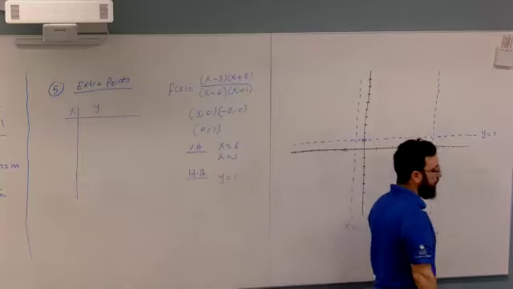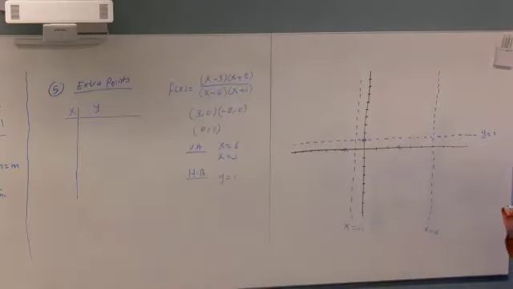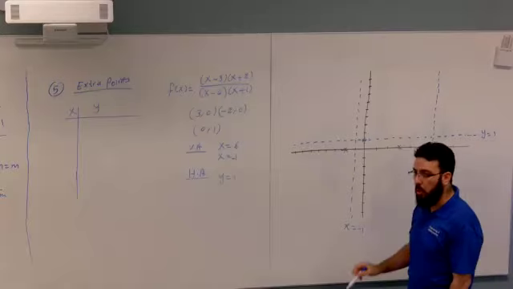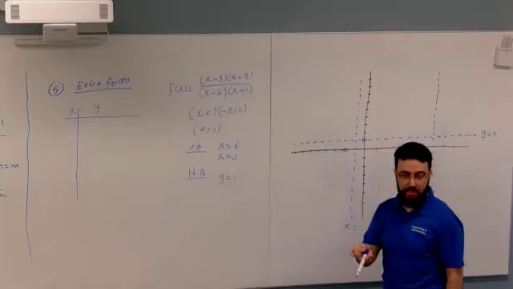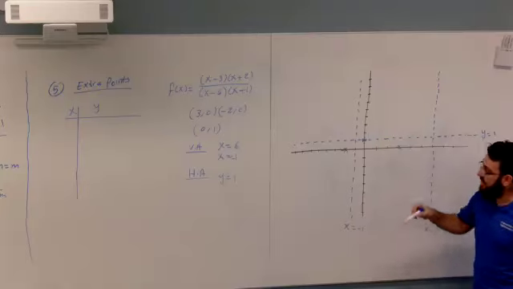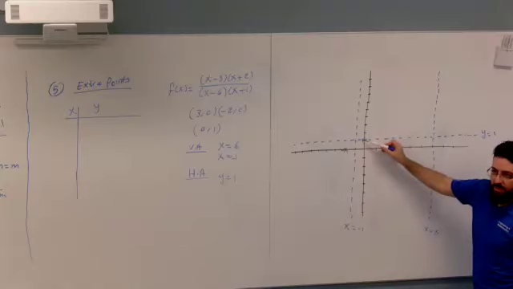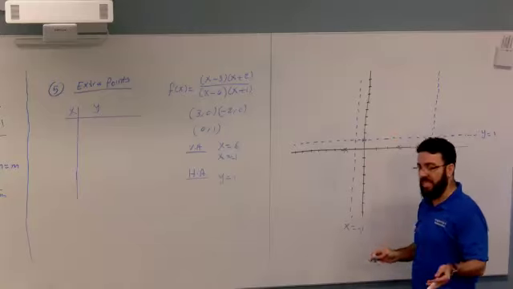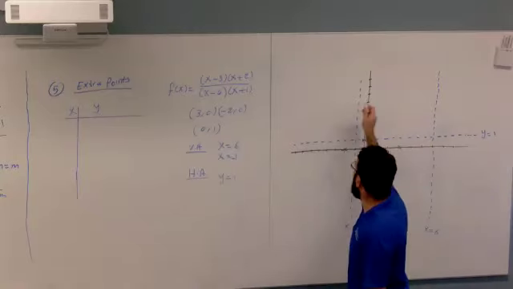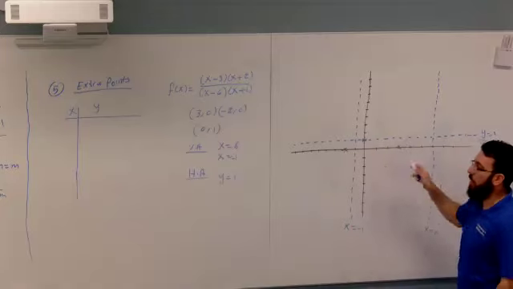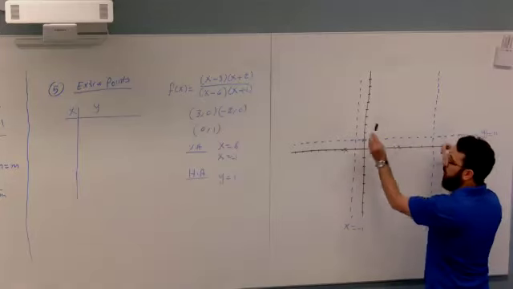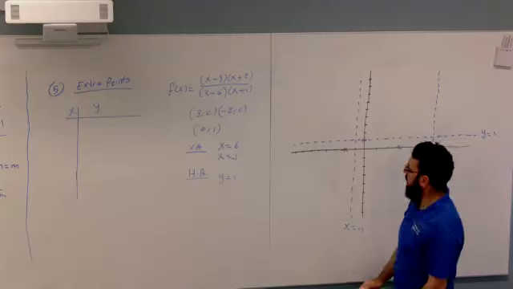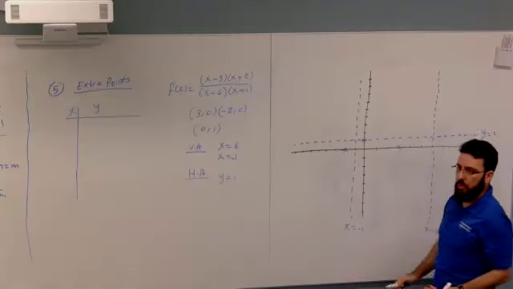Remember I told you the function never going to cross the vertical asymptote, but on certain cases it's going to cross what? The horizontal asymptote. Not all cases, but some cases the function is going to cross the horizontal asymptote, but never going to cross the vertical asymptote. Now what I have to do?